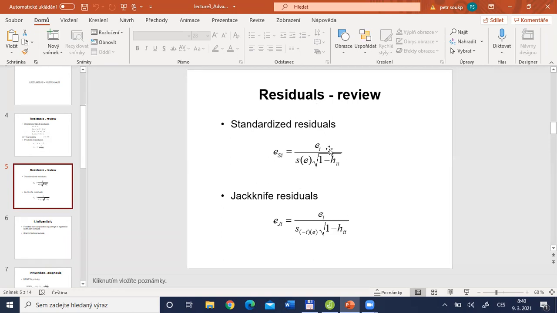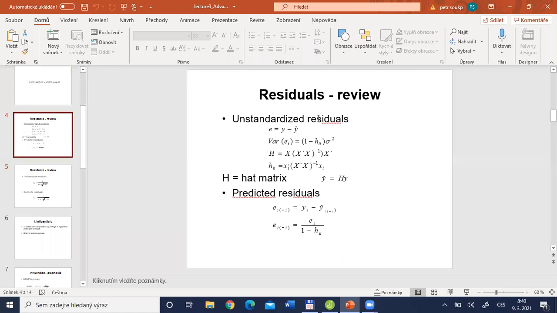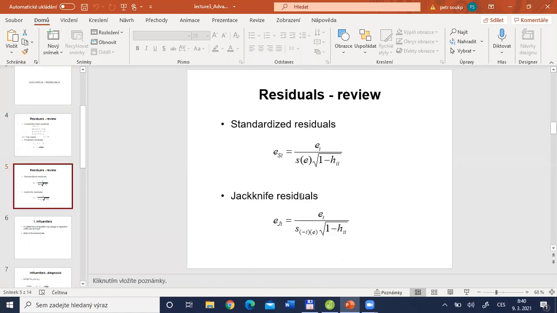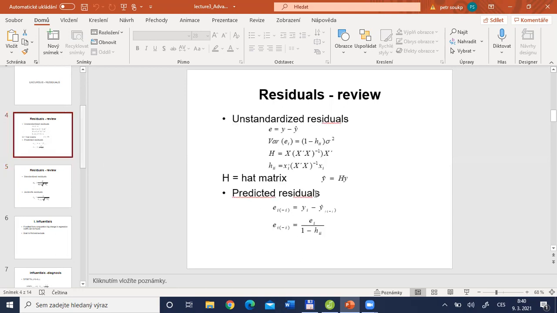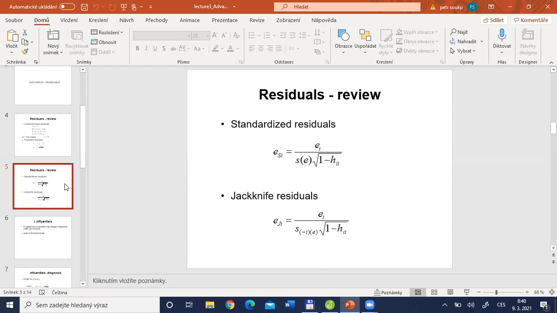This is nearly the same, only for standardized residuals we are computing with the original unstandardized residuals, and for so-called jackknife residuals, we are using the standard error for these predicted residuals. So that's the difference. There are many different ways how we can standardize residuals.